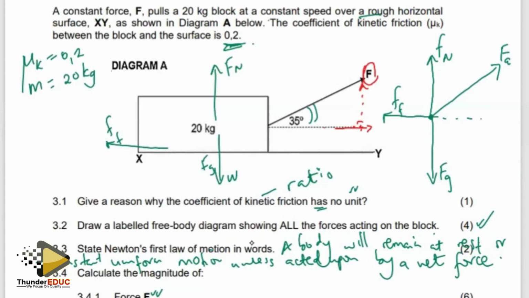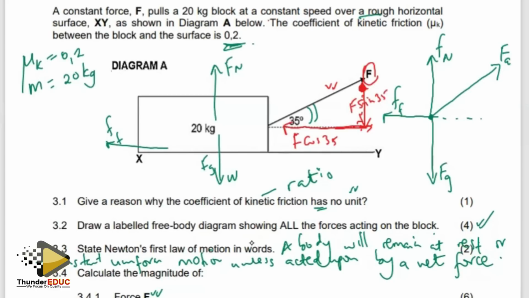So I'll have this downwards, and then I'll have this in that direction, so that this is our resultant. Having done that, we know that this is going to be F cos of 35, and this is going to be F sine of 35.